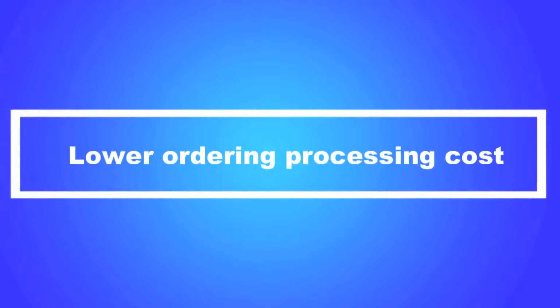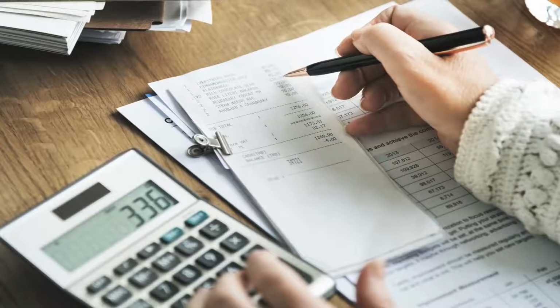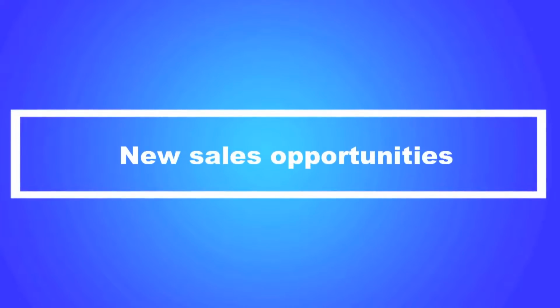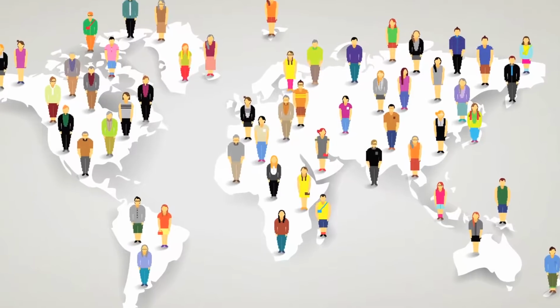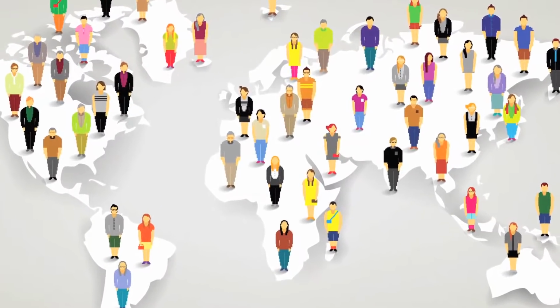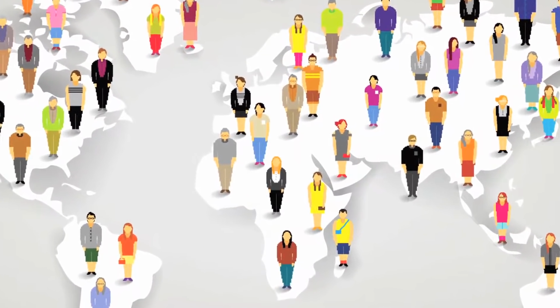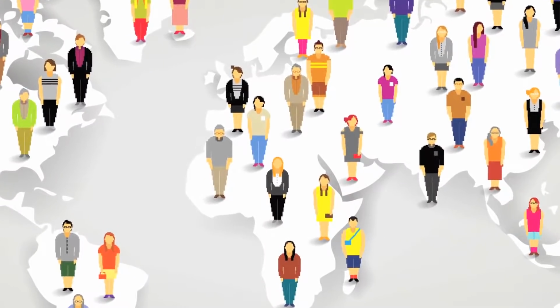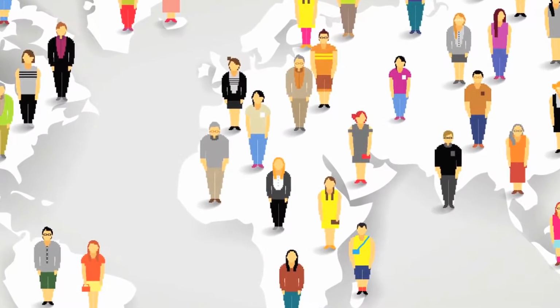Lower order processing cost. Online ordering can be automated with checks to ensure that orders are correct before accepting, thus reducing errors. New sales opportunities. The website can be accessed anytime and reaches a global audience, which is not possible with a traditional storefront.